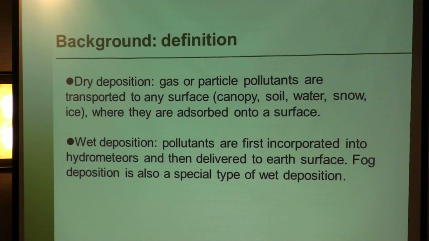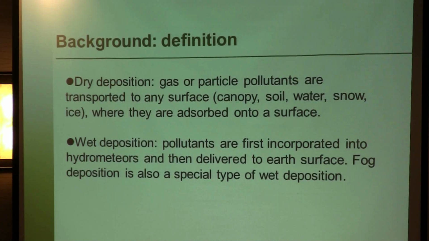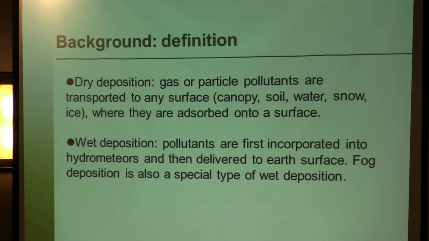We have different expertise. So for air quality study, the typical cycle of a pollutant would be, first, emission from sources like industry, traffic, agricultural and natural sources.